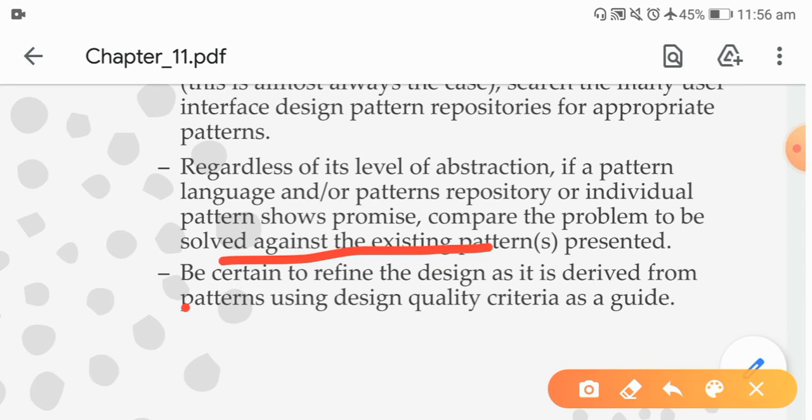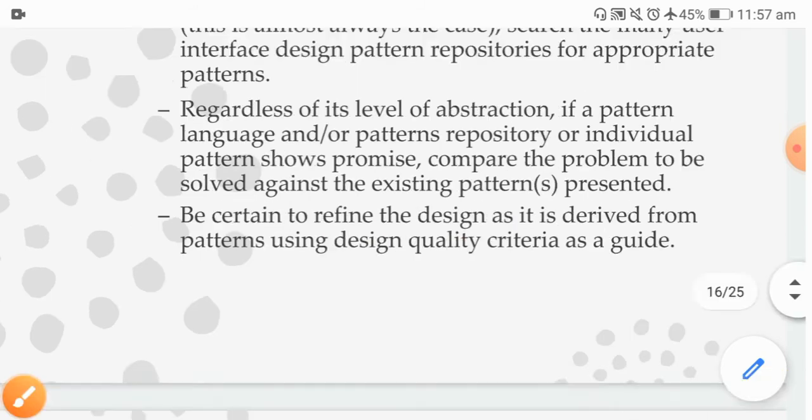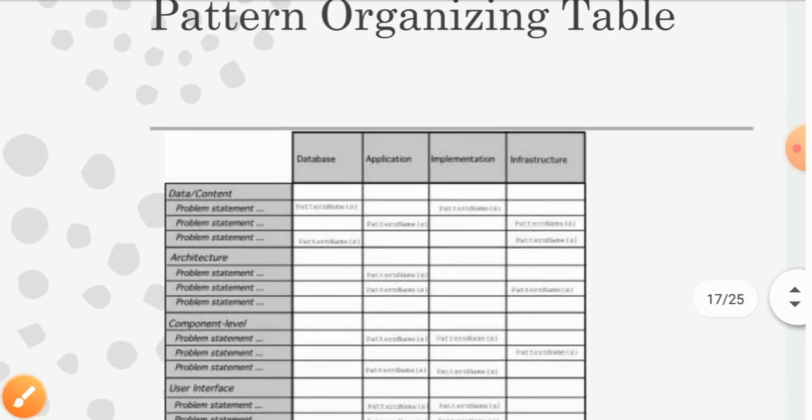That is, when your pattern is generated, you apply your pattern to the problems and define the solution. If your solution matches your pattern, then this could be a good pattern for your application to be developed. So be certain to refine the design as it is derived from the pattern, using design quality criteria as a guide.